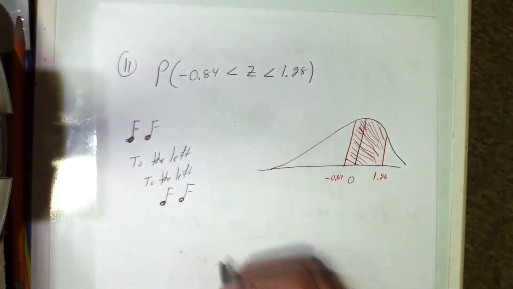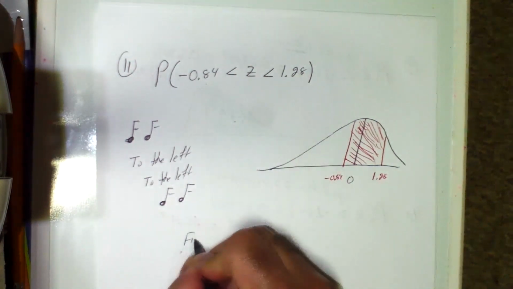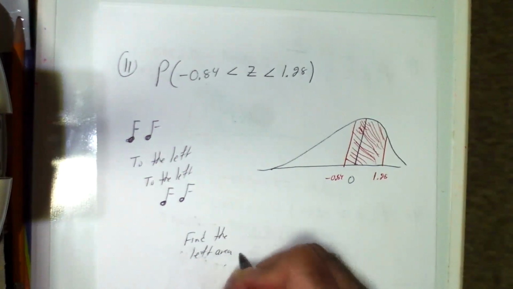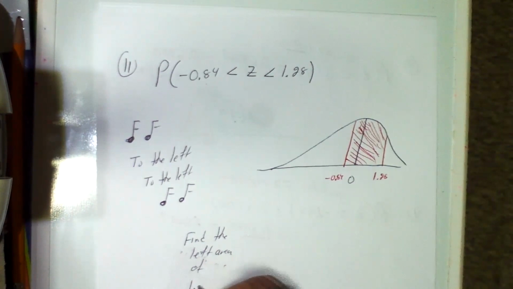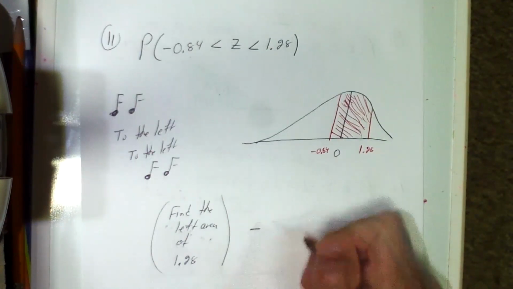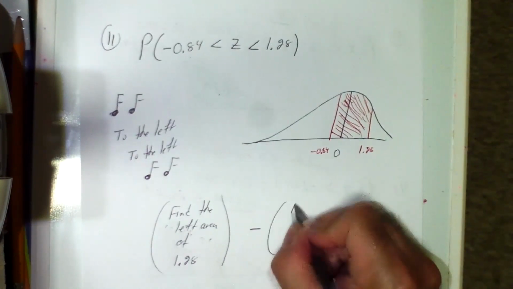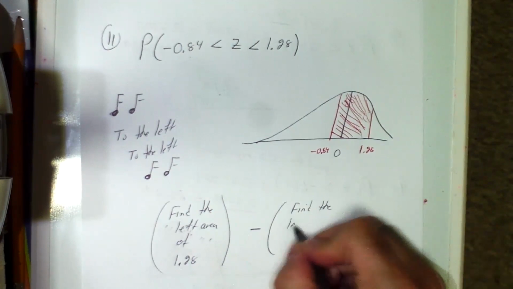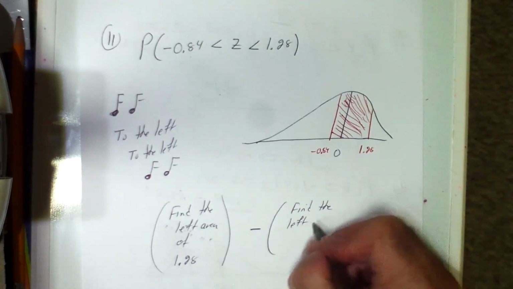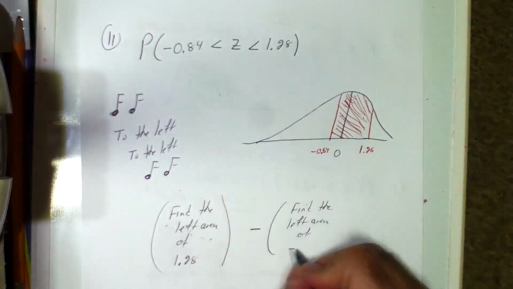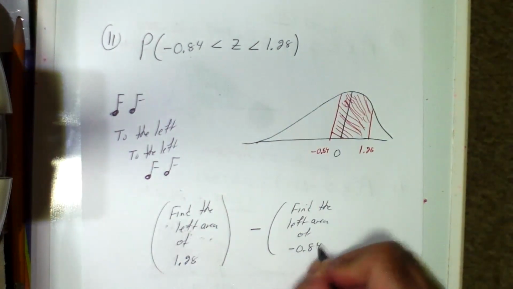So you're going to find the left area of 1.28 first, and then you're going to subtract the left area of the small number, negative 0.84.